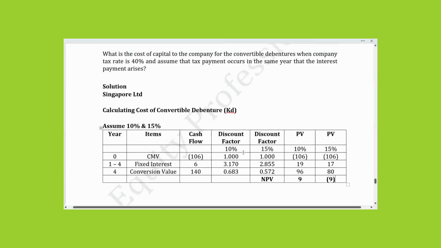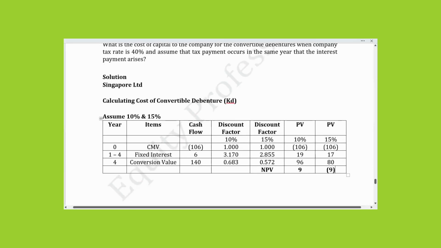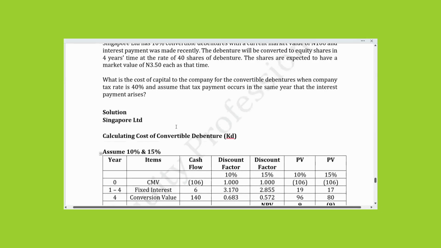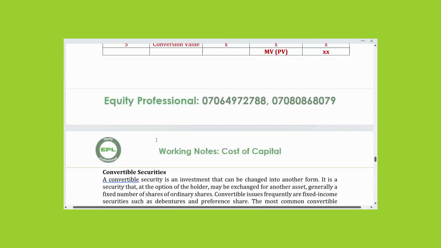Now that we have two opposite NPVs, a positive NPV and a negative NPV, we can then proceed to calculate the internal rate of return, which is the cost of convertible debenture. I will then come here. KD, that is internal rate of return, is calculated as lower discount rate plus NPV over the difference of NPVs, times the difference in rates. I think I've written the formula before, let me just copy it so it will save time.